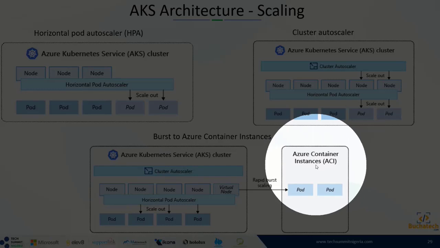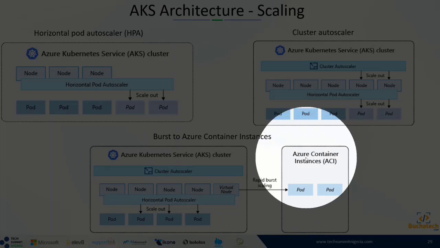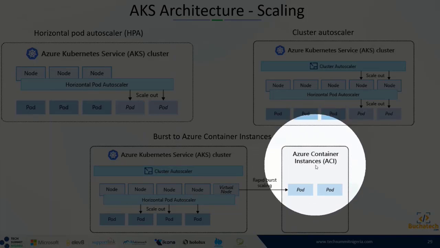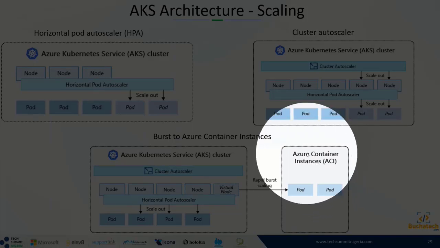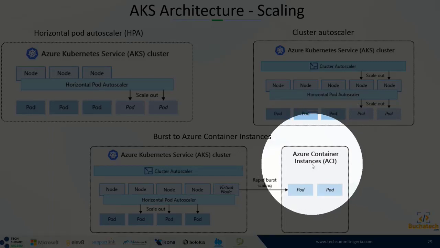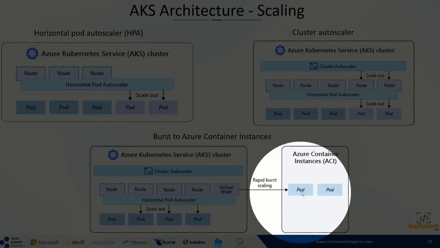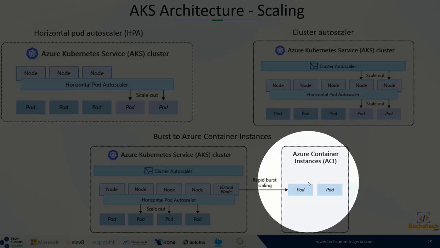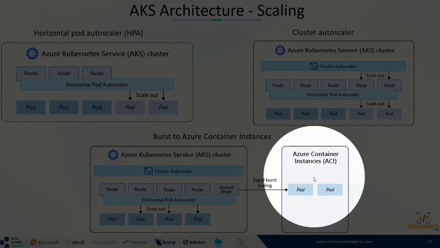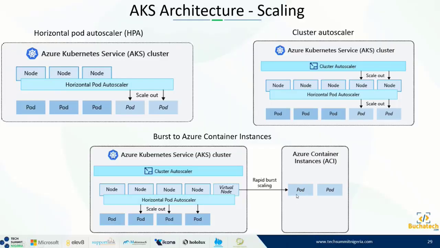Now, we haven't talked about ACI, but all that is a PaaS service, right? Platform as a service that runs in Azure that can run containers. And it's a lot lower cost. And so this is way more economical if you just need to burst for a short amount of time, more resources. And so with AKS, you're able to do that as opposed to just deploying more nodes.